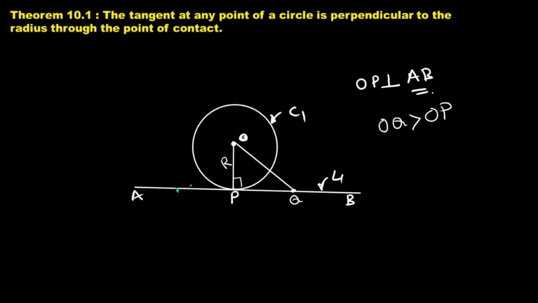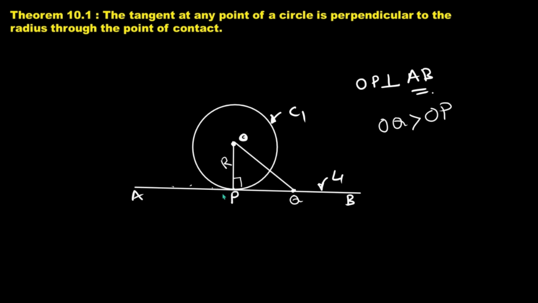If you take a point here, or next to here, you can clearly observe that the line is just crossing the circle. It touches only at this one point, where OP is the radius of the circle. At all other points, even far away, the line is just crossing the circle.